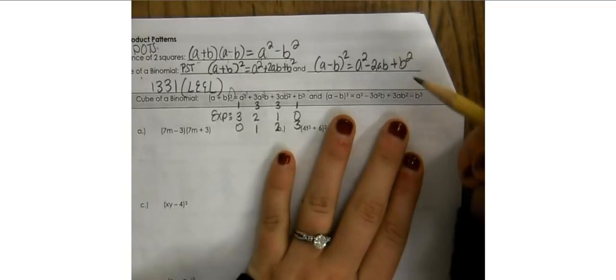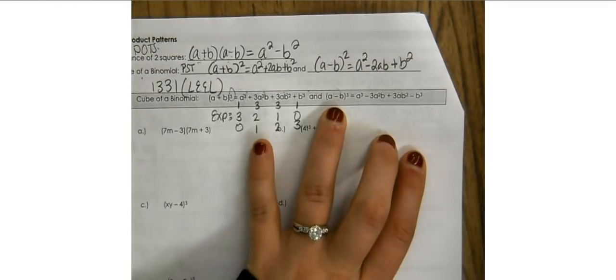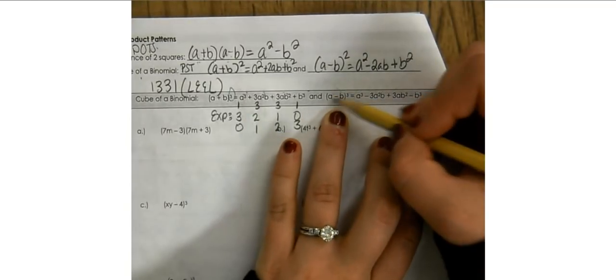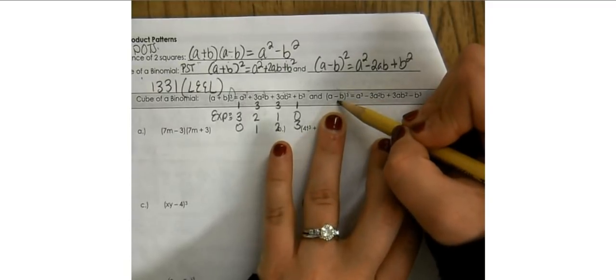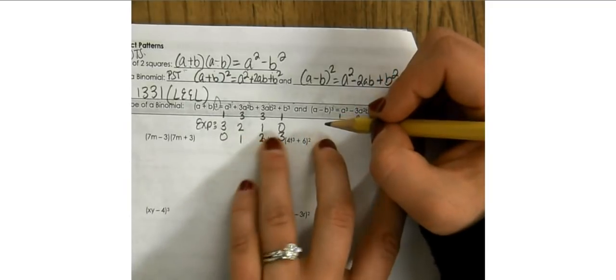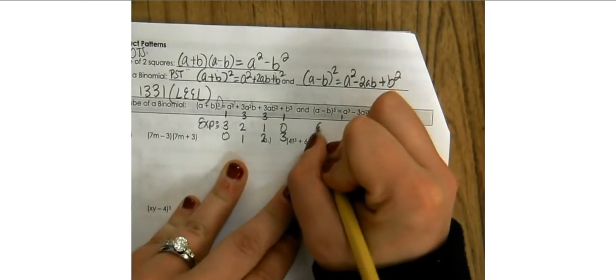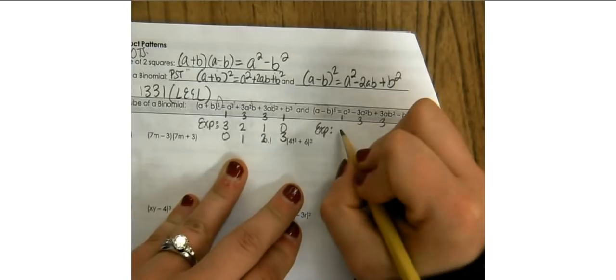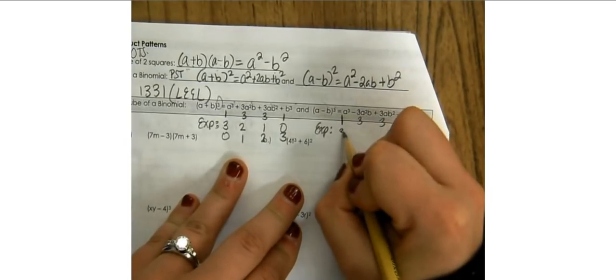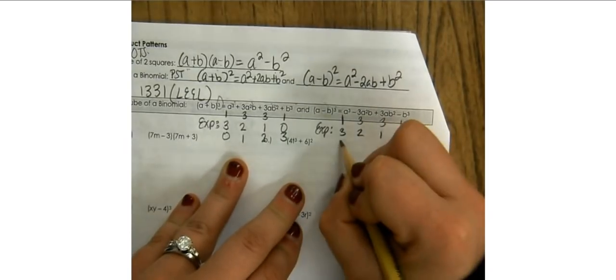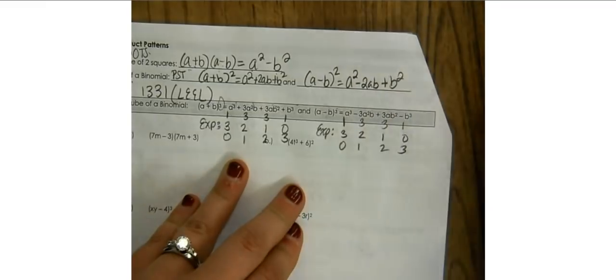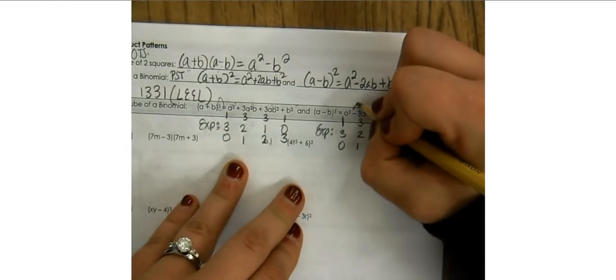The only difference is that whenever you're cubing a binomial with a minus sign, you're still going to have 1, 3, 3, 1, and your exponents are still going to be 3, 2, 1, 0, 0, 1, 2, 3. That's going to be the same. But what's different is that we alternate the signs.